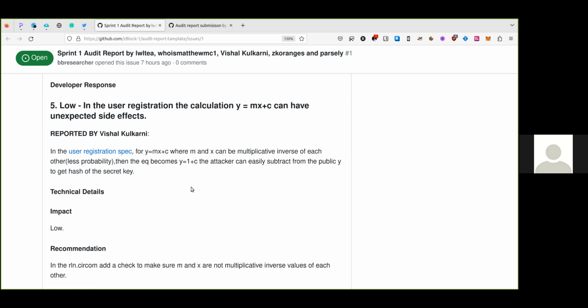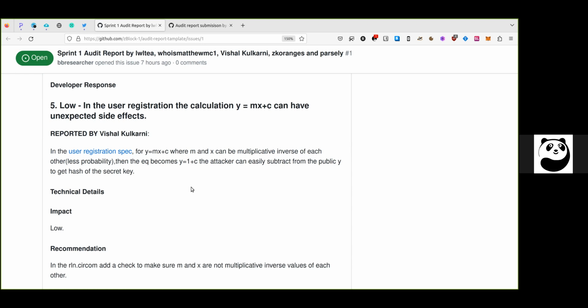It doesn't have to be the user themselves, but it could be a malicious UI that takes a user message and then just attaches dummy spaces, for example, in order to farm the X, which can be the multiplicative inverse of M, basically.